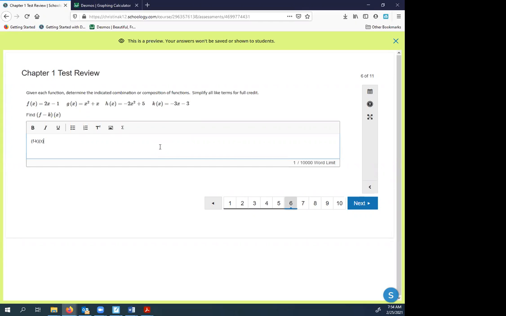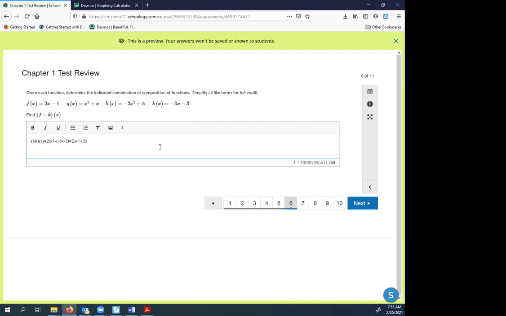So f minus k of x is equal to 2x minus 1, then minus, in parentheses, negative 3x minus 3. Close parentheses. I had this negative in front, so let's distribute that. 2x minus 1, then minus a negative 3x becomes plus 3x.